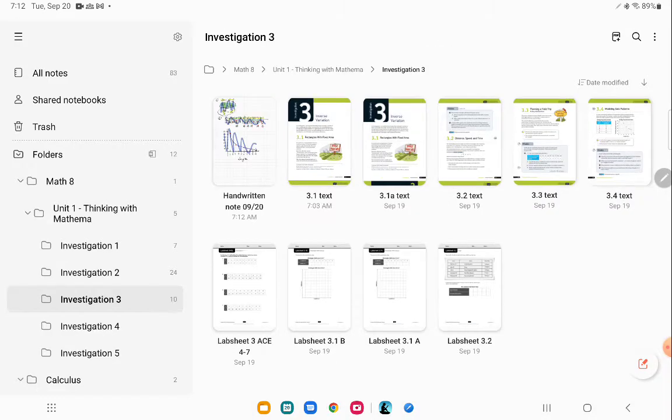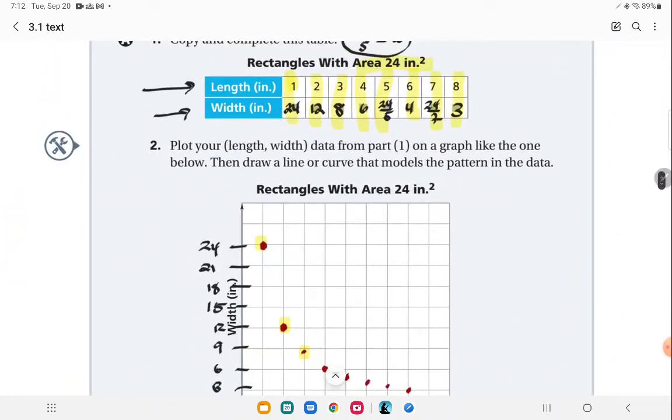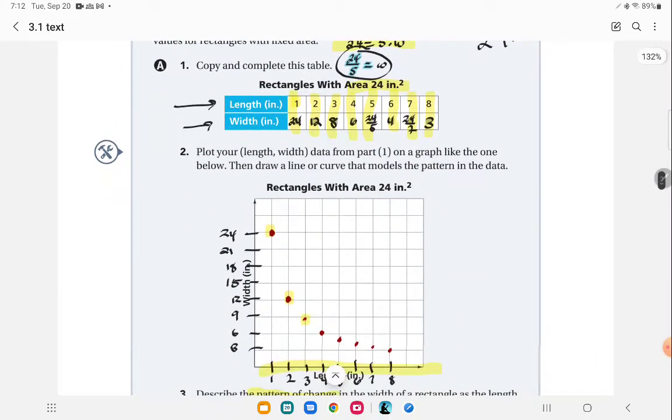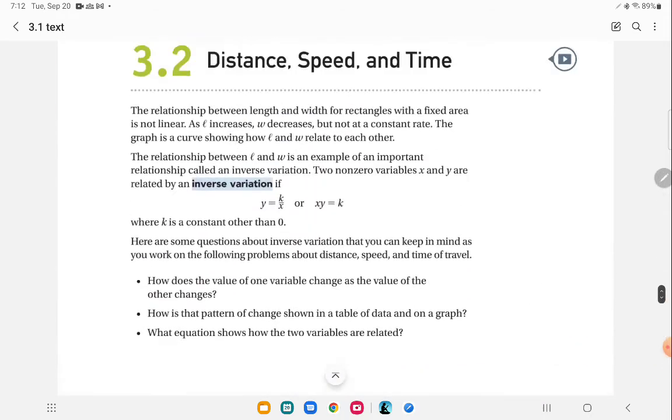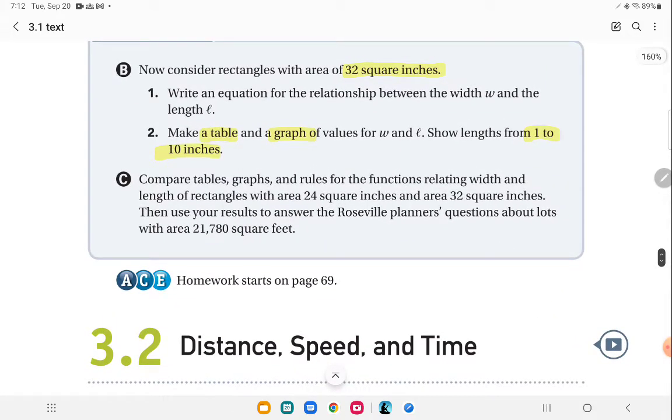And I'll run back to it here. So how do they compare to this equation, this table, and this graph? So go ahead and answer part C right there. Pause the video, answer that, and then come back.